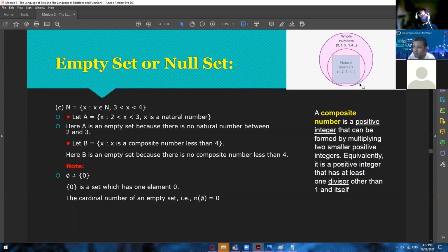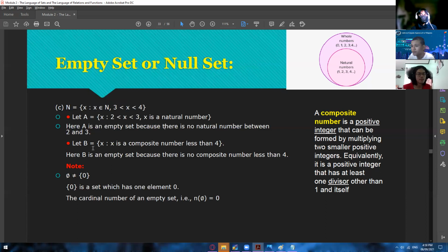In natural numbers, we start with 1 and above: 1, 2, 3, 4. If you take a look at this one, there is no number in between 3 and 4, since we are only dealing with natural numbers. So here A is an empty set because there is no natural number between 3 and 4.